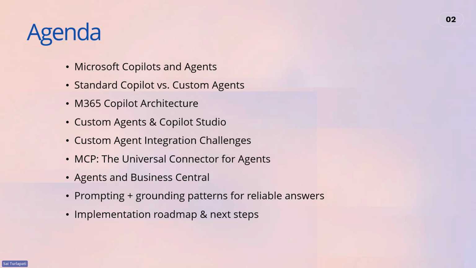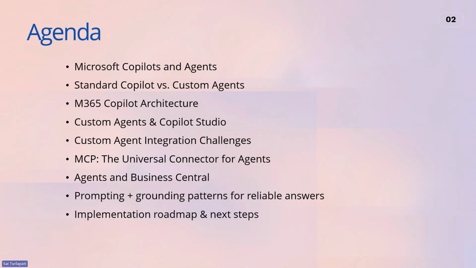As you can see, everyone, on the agenda side, first we are going to start with Microsoft Copilots and the agents. There are a lot of Copilots and agents that Microsoft releases frequently. Then we will move on to the difference between the standard Copilot versus the custom agents that we can build. Then we talk about the Microsoft 365, M365 Copilot architecture, at a high level.